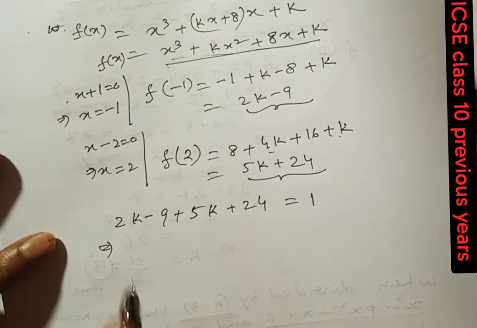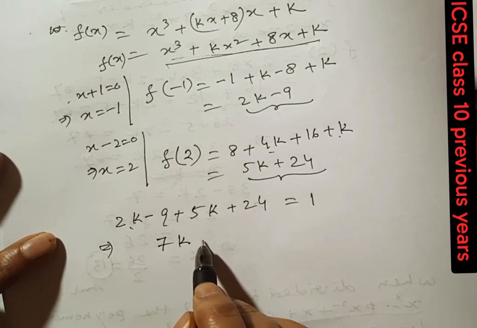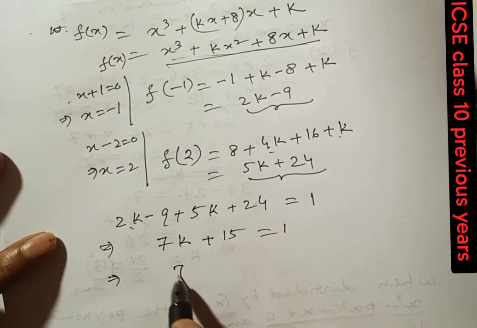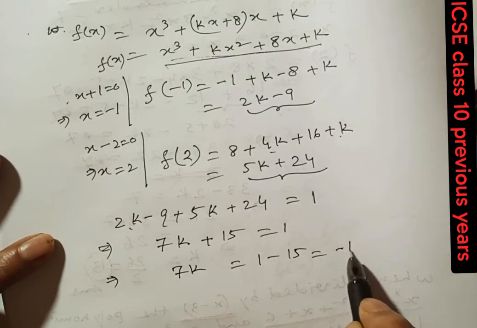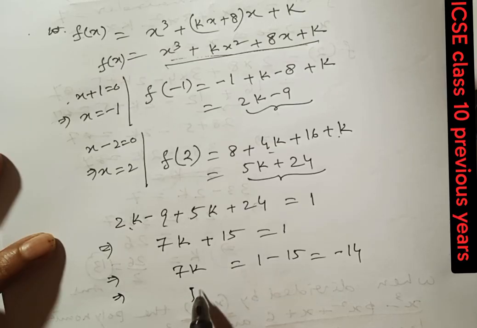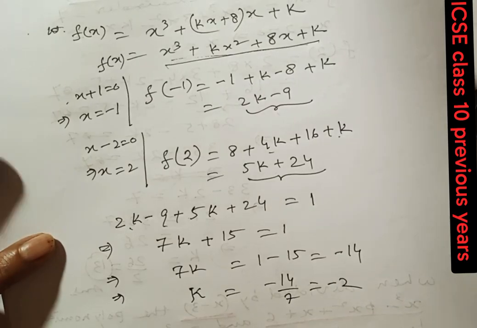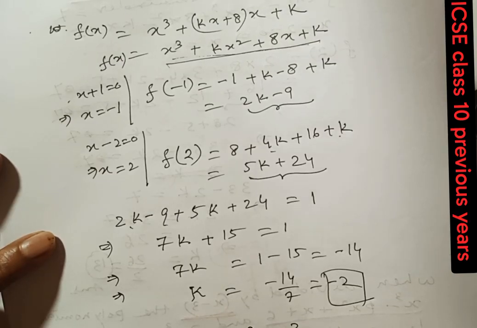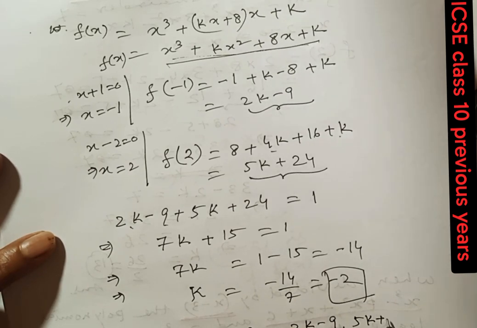This is 7k plus 15 equal to minus 1, and 7k equal to minus 1 minus 15, minus 14, and k equal to minus 14 by 7, means minus 2. So our answer is k equal to minus 2 and the two remainders are 2k minus 9 and 5k plus 24.